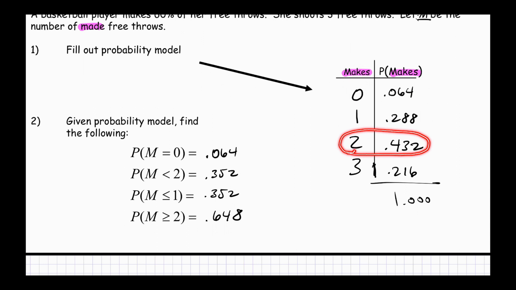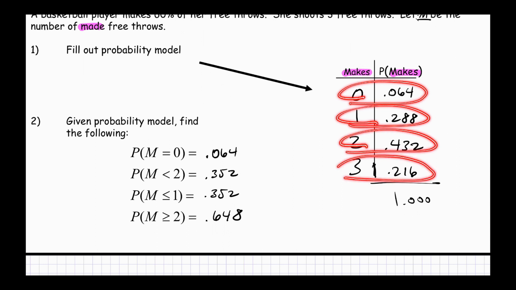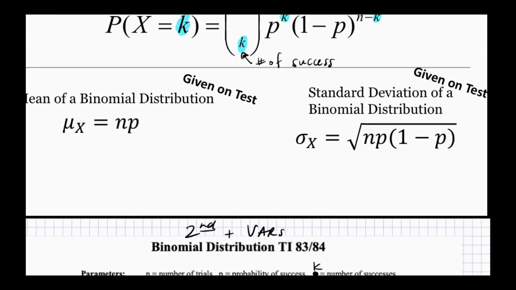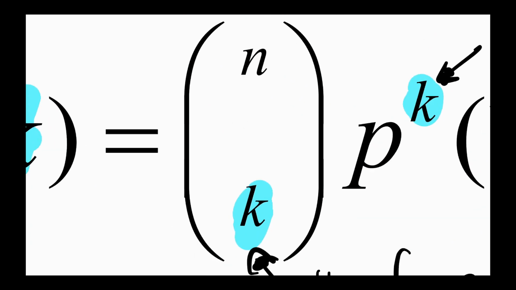There was another 3, right? 8 paths total. 1 here, 3 here, 3 here, and 1 here, right? That's what this part tells us. This part calculates how many paths down the tree diagram.